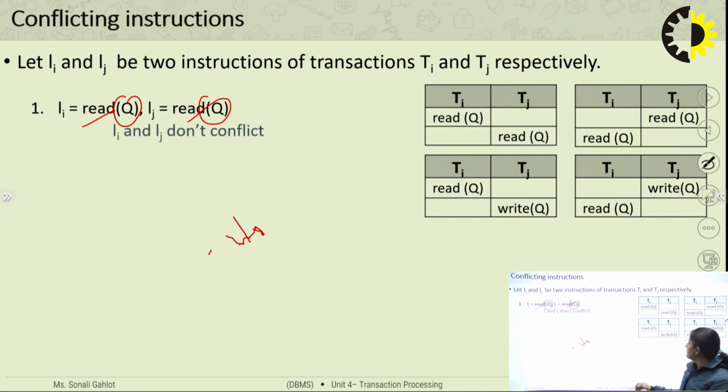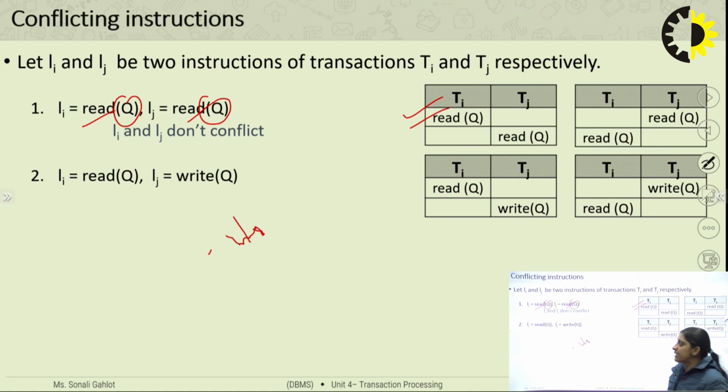Like Ti reads Q and Tj also reads Q, or first Tj reads Q and then Ti reads Q. In this case there is no chance of conflict, because two transactions can read the same value at a time.